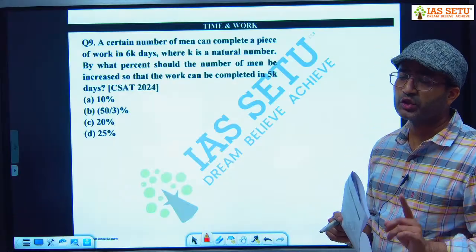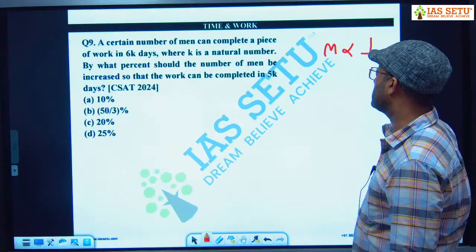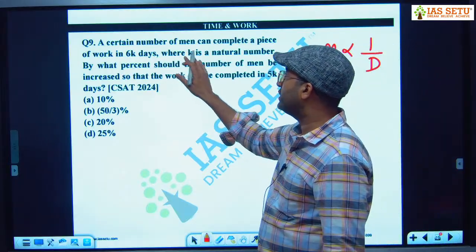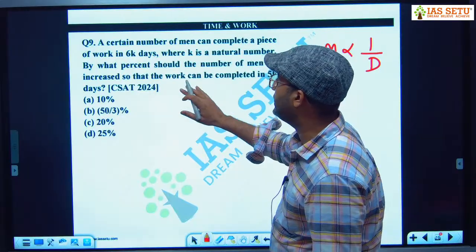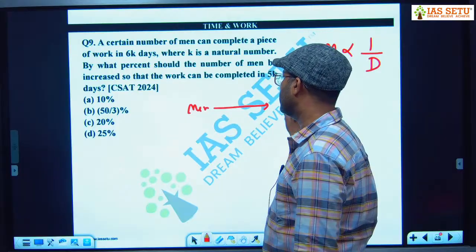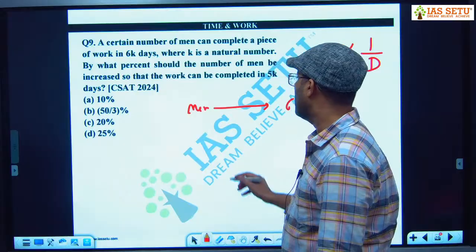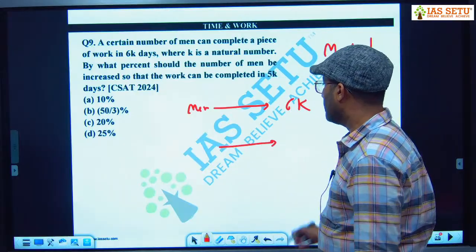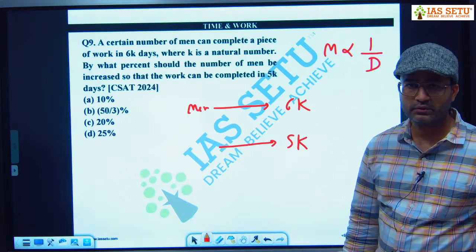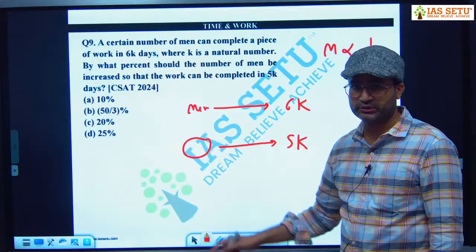If work is constant, work is same, number of men is inversely proportional to number of days. So here a certain number of men can complete a piece of work in 6k days. So these are the men, they can complete the work in 6k days. Okay. So here, if we want to complete that work in 5k, we have to see how many men we need and what is the relationship.